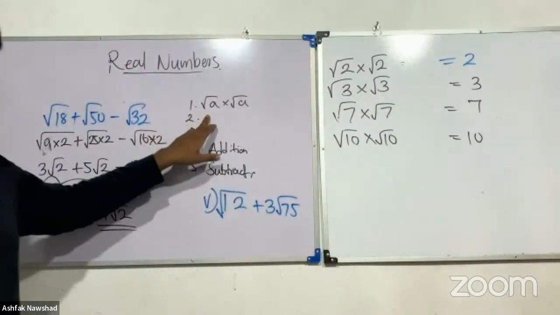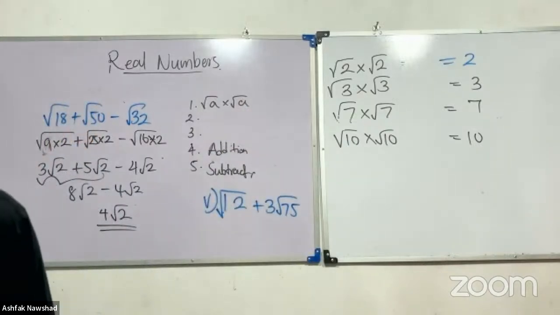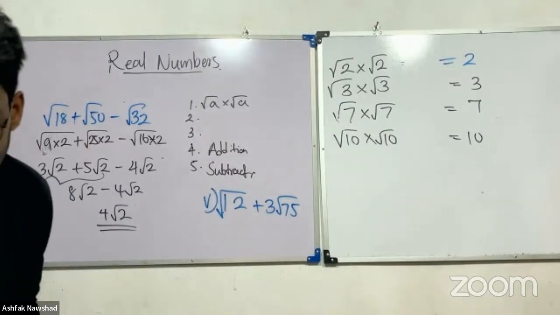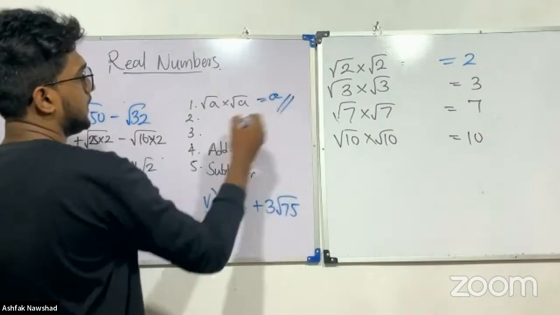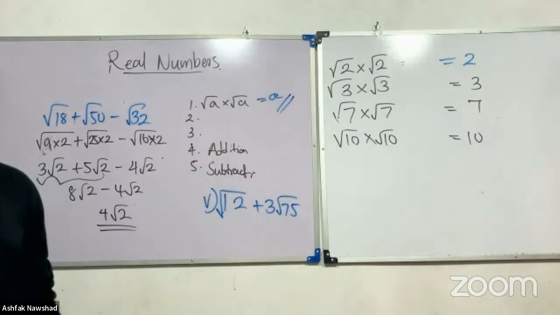So here, what would be root a times root a? Yeah, that's easy. That's just a. The square root of a times the square root of a is a.